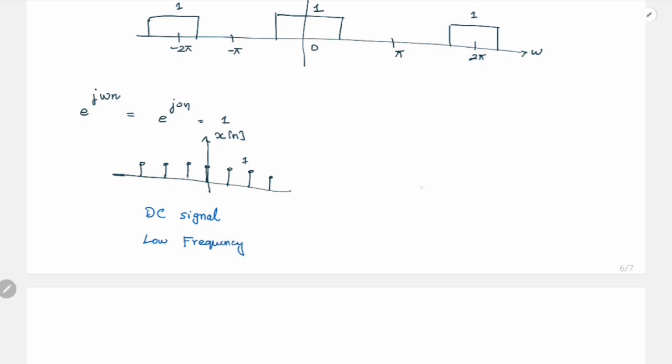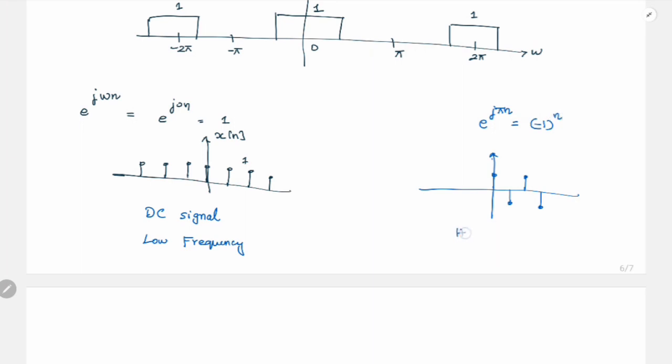So what is the highest frequency you can have in the discrete time domain? You have 1, 1, 1, minus 1, again 1, minus 1. This is the one which is rapidly changing. Anything less than this is not rapidly changing, right? This is represented by e power j pi n, correct? At one instant it is e power j pi, at the other instant it is e power minus j pi, and so on, which is given by minus 1 power n.